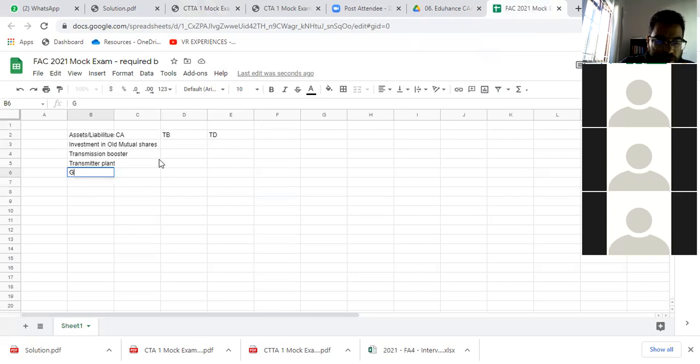Then trade and other receivables, then cash and cash equivalents. Next, trade and other payables, then taxation payable. Now let's put in the amounts.